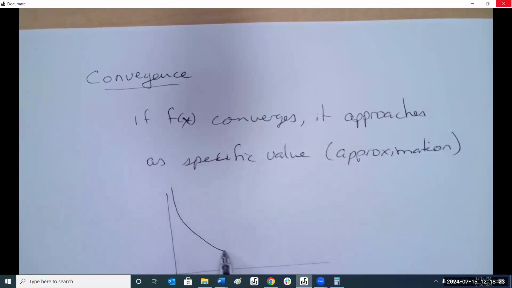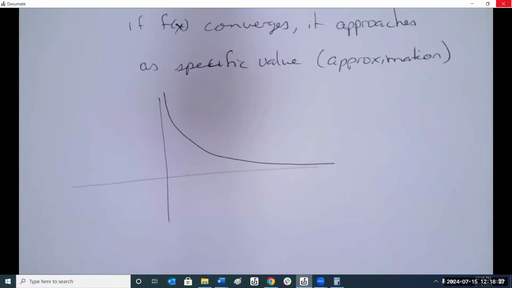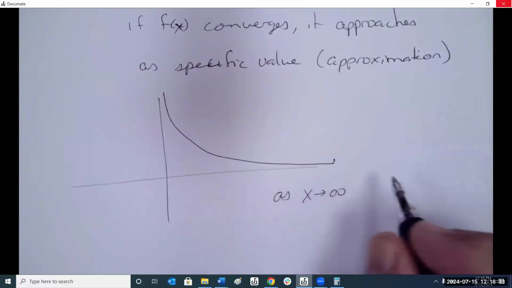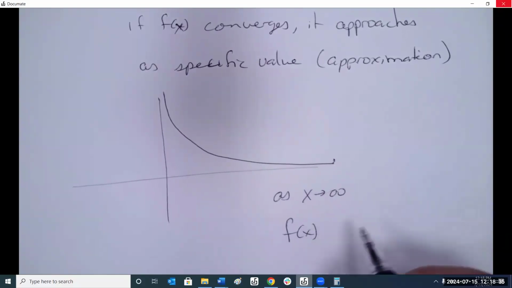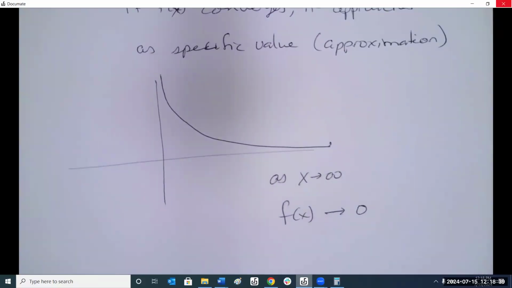So if we look at this function, as x goes to infinity, the function approaches 0. So it converges to 0.